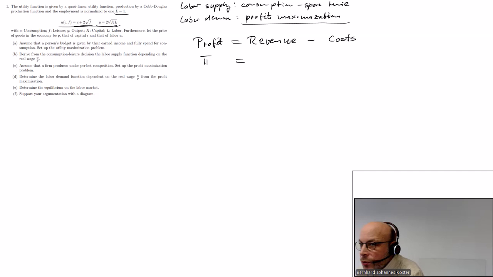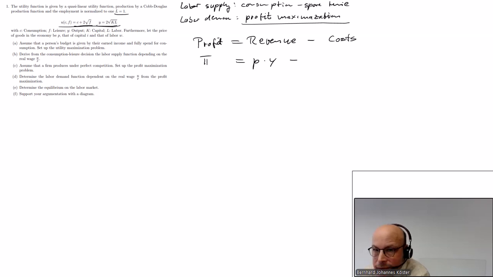And what is revenue in my explicit example? Almost. Revenue is not output; one part is output and the other part is price. Price times quantity, so P times Y. And what are the costs in my example? Labor.